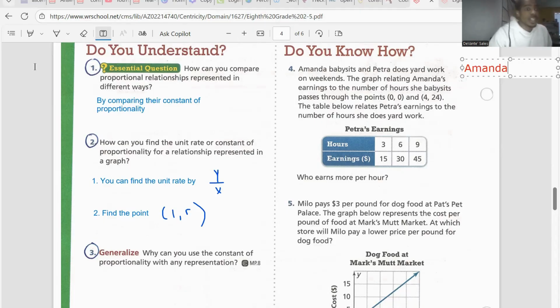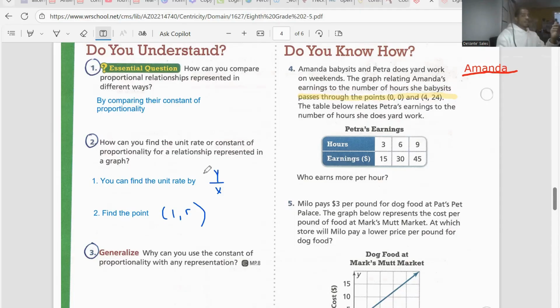Can somebody tell me what Amanda's constant of proportionality is, based off what we see? So this is Amanda. It just gives us her points. Guys, when you're trying to find your unit rate, there are two different ways. It's not graphed, so we can't graph it, even though they gave us two points.